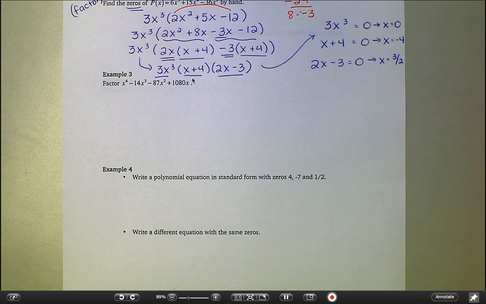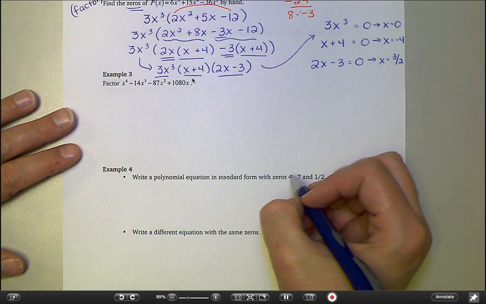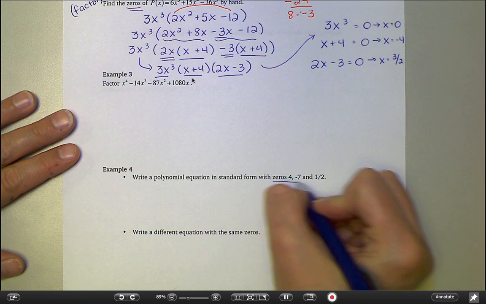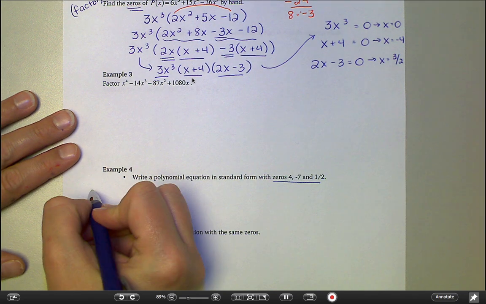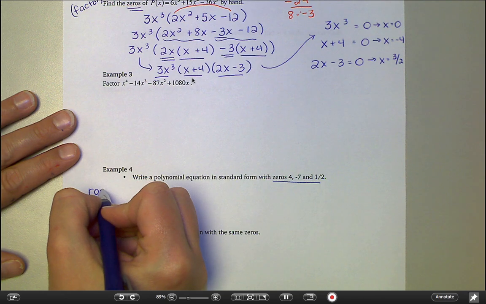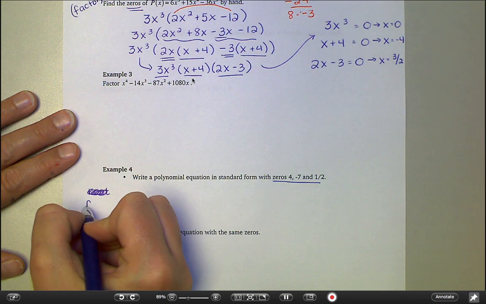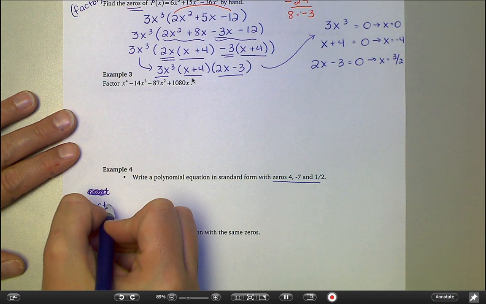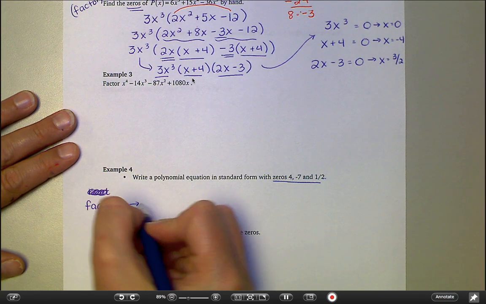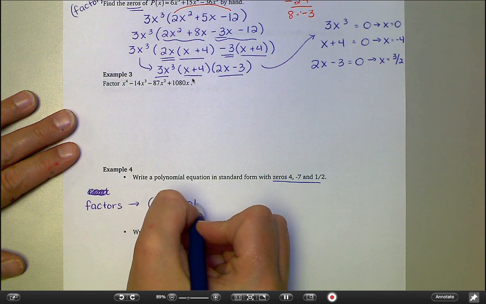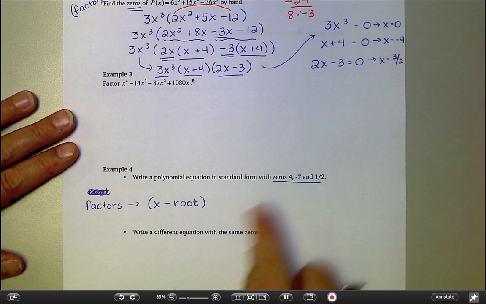I don't know if I'll take it all the way to standard form just for the sake of your time. But here's the idea. If you know what the zeros are, if these are the zeros here, then the roots, nope, sorry, the zeros are the roots. I said the wrong word. The factors are always x minus the roots, which is what I have over here.